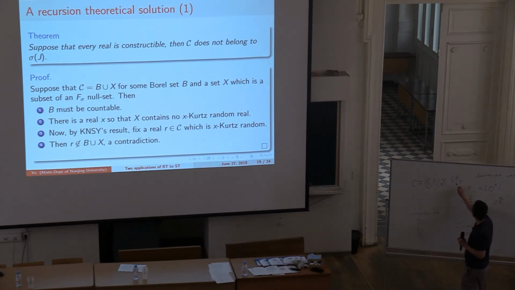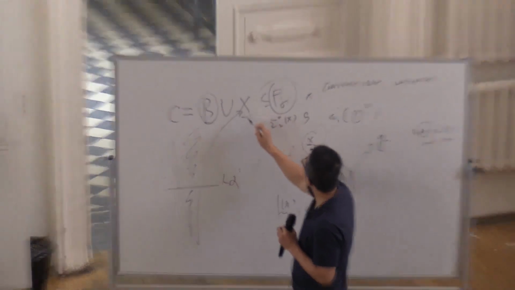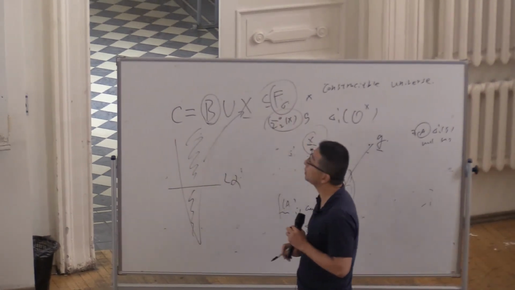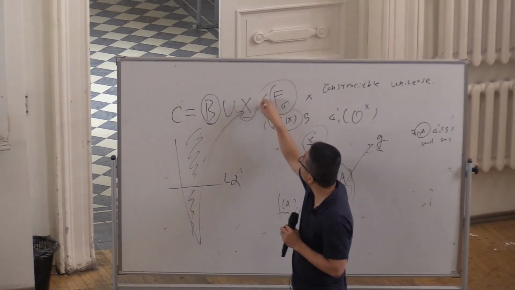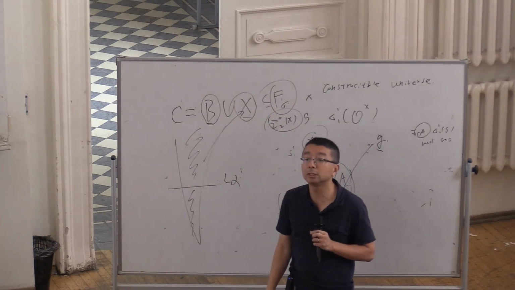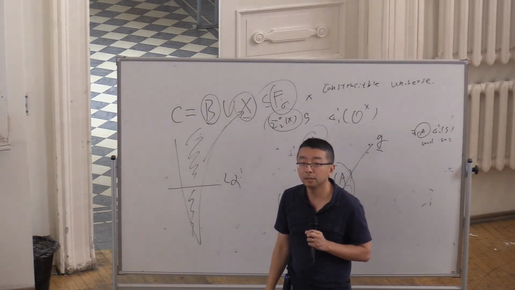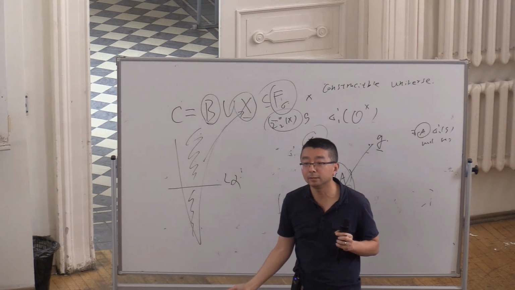But it's a subset of an F sigma null set. So we can use a real x. And so it's just a sigma 0 2 x null set. Then it means it belongs to a sigma 0 2 x null set. That means every member in X is not x-Kurtz random. It cannot be x-Kurtz random.